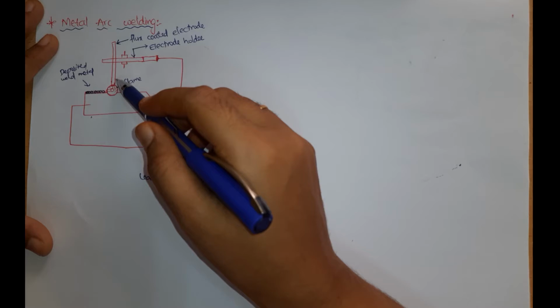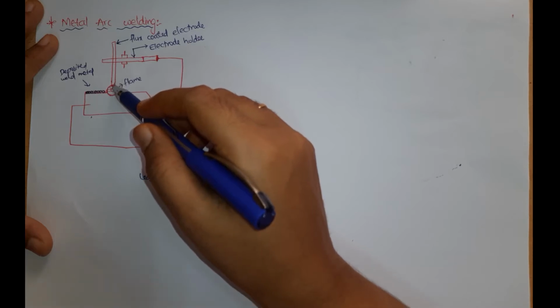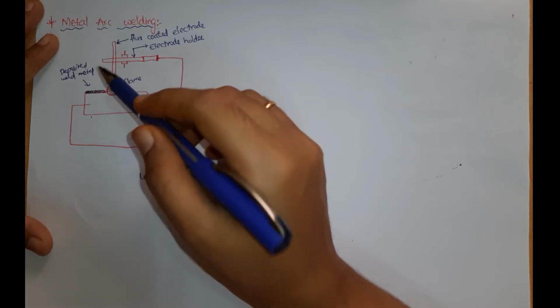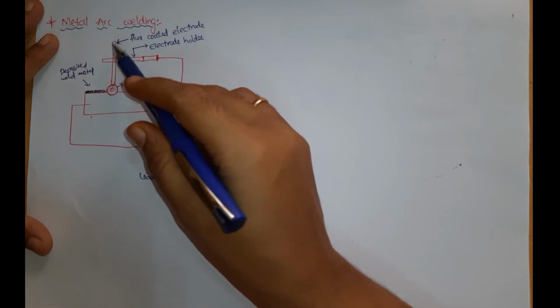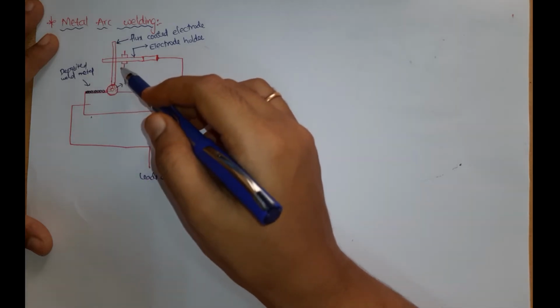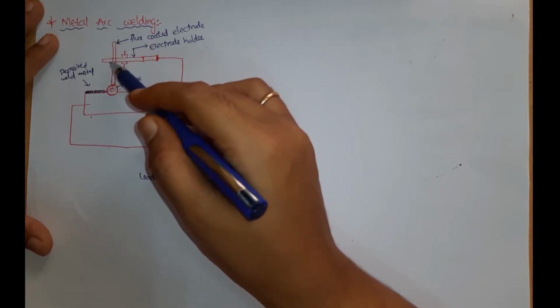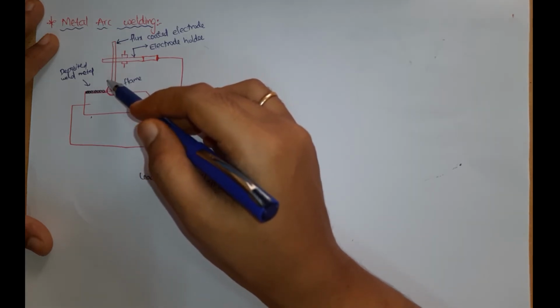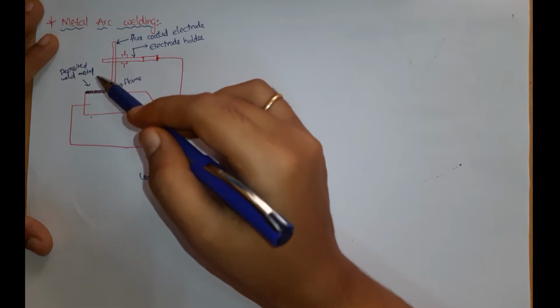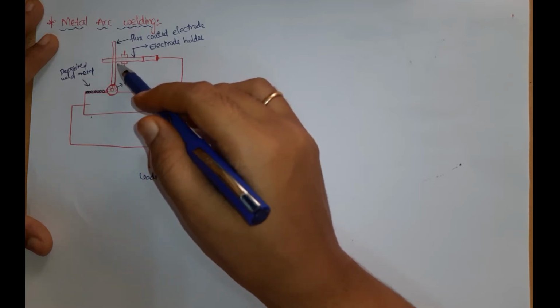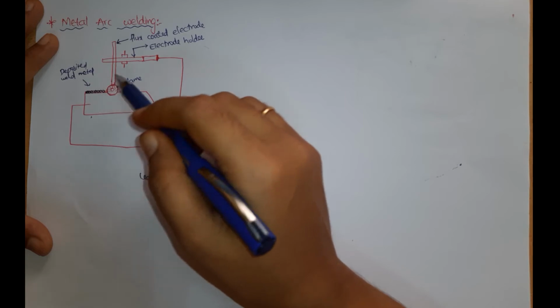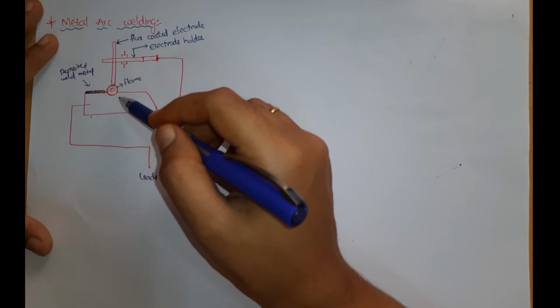To mitigate that oxidation when the metal is exposed to open air, some flux is coated on the electrode. This is the function of the flux, and this is how metal arc welding functions.